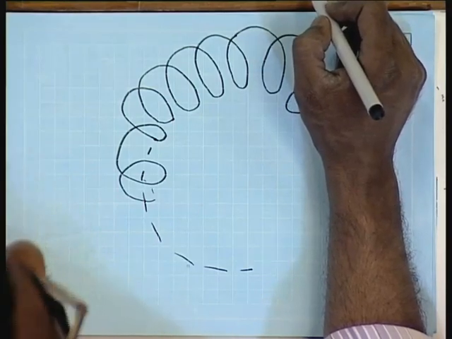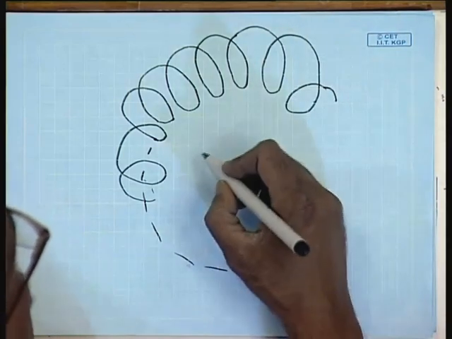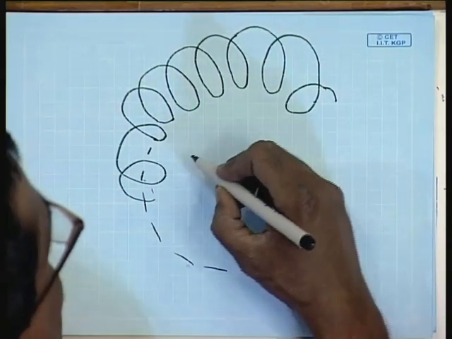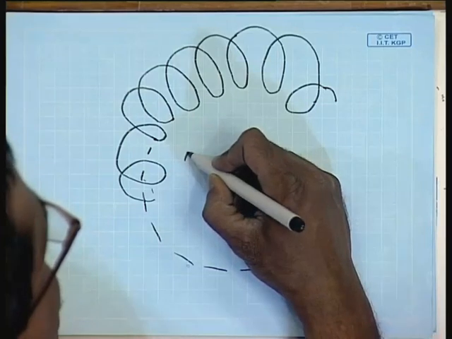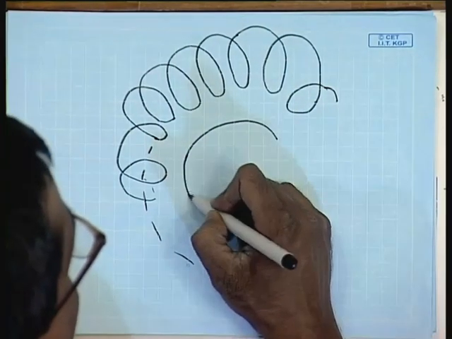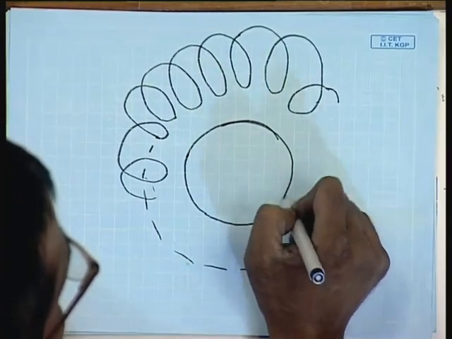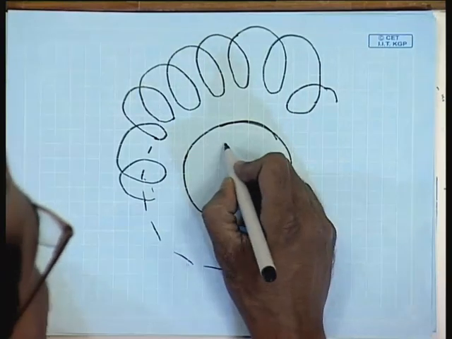How will we change the direction of current in these coils? For that, we will have a commutator arrangement. Commutator, as I have mentioned earlier, is an annular structure.